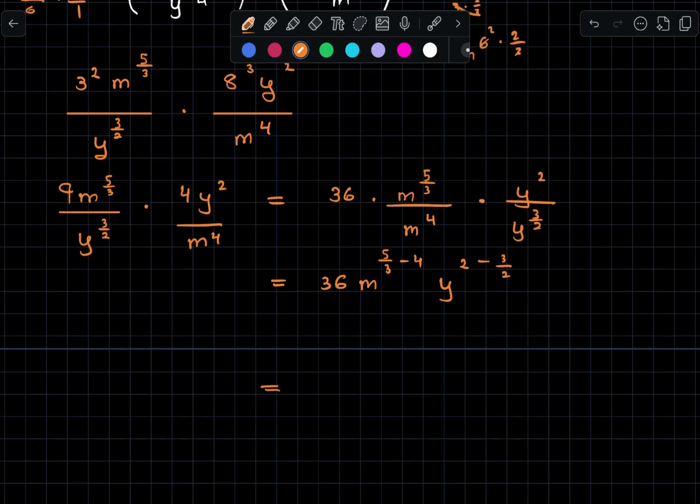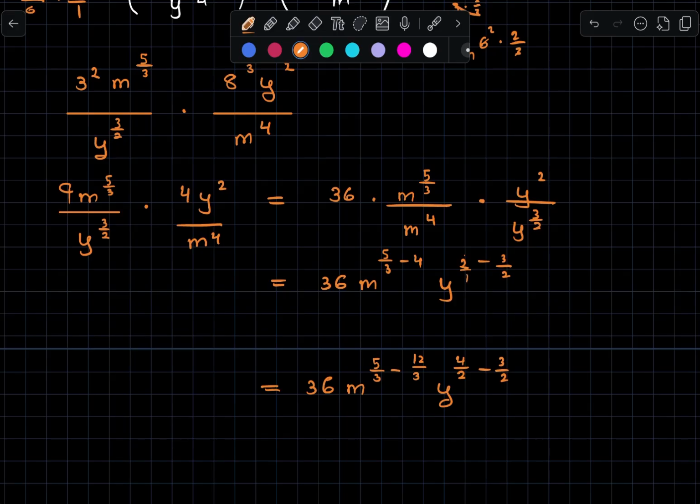All right, so we've got a fraction subtracting a whole number, and here we've got a whole number subtracting a fraction. So the only thing we have to worry about is let's just make sure they have the same denominator. So 4 written as a number with a denominator of 3 is going to be 12 over 3. And 2 written as a number with a denominator of 2 is going to be 4 over 2.